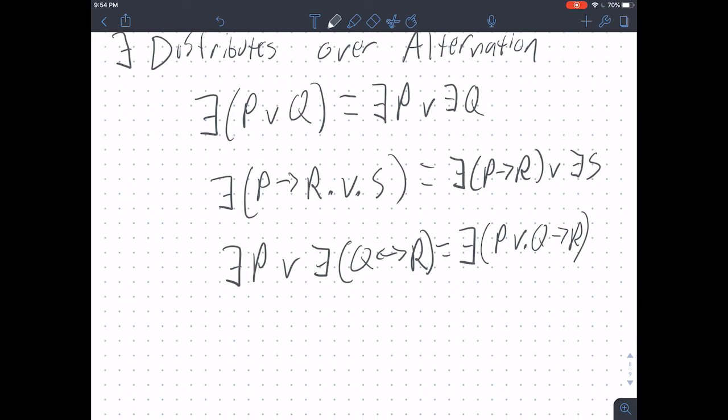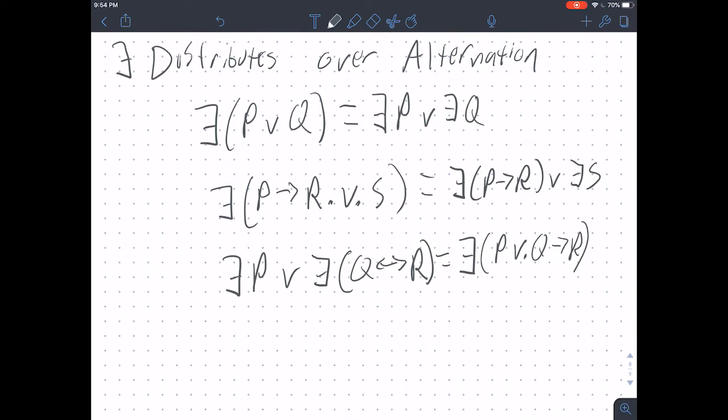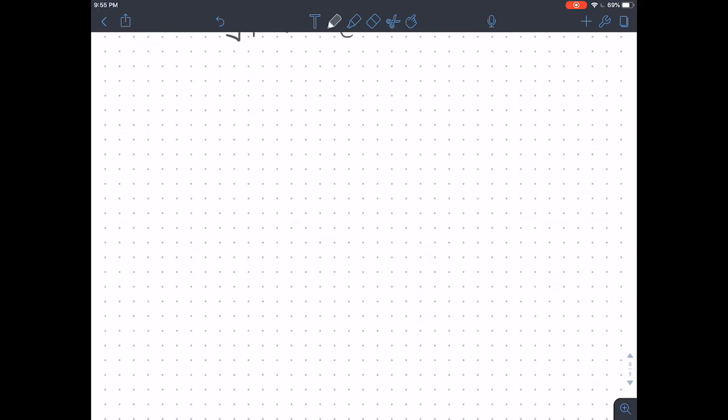But this is pretty straightforward. However, you need to pay attention because the backwards E does not distribute over conjunction.